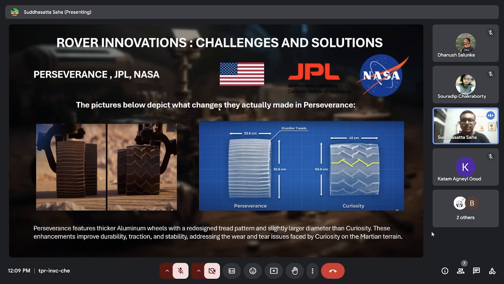We are sending something to space, and you cannot just afford to take so much risk, because these missions involve a lot of money, resources, energy, and effort. So it is still in the R&D phase, the research and development phase. When they come out, it will definitely be a milestone achieved by all of these engineers at NASA.